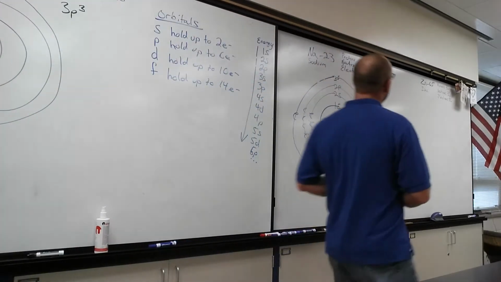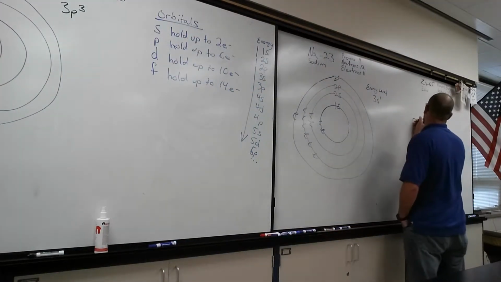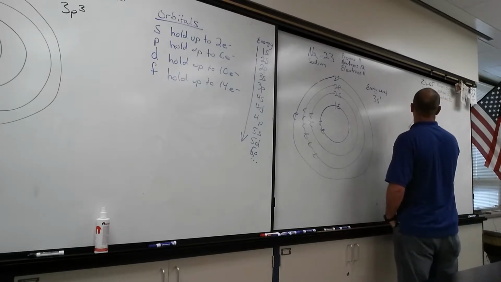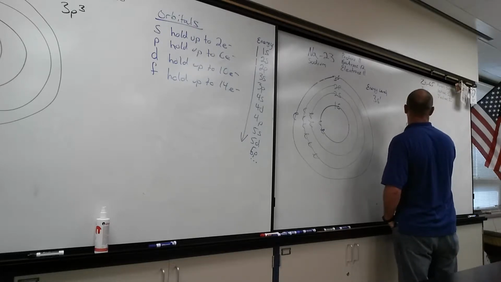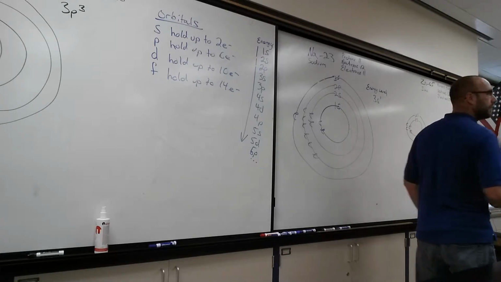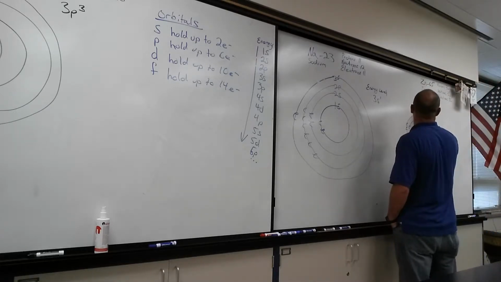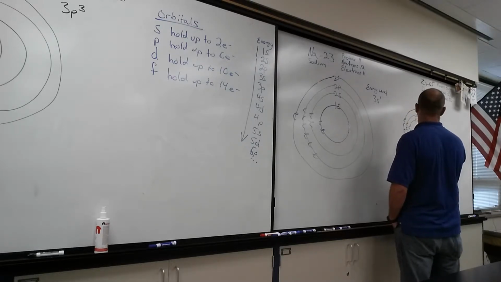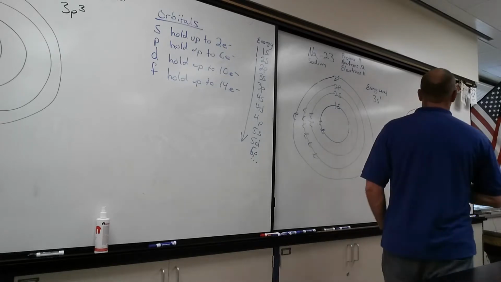What's my first circle? 1s. 2 electrons. And then 2s, and I'm writing small intentionally here. This is going to get kind of big. Imagine if we were doing uranium or something. Right? 1s, 2s, 2p. P's hold 1, 2, 3, 4, 5, 6. It gives me 10 electrons.